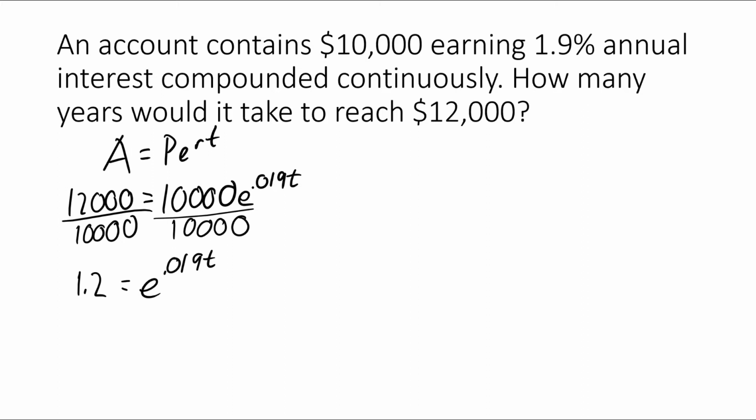Now we want to solve for something in an exponent, and to do that, we need to use the inverse function of e. E, by the way, is Euler's number. It is just a number, kind of like pi, something we use a symbol for, something like 2.719. But e to the x has an inverse function, and that inverse function is the natural log of x.